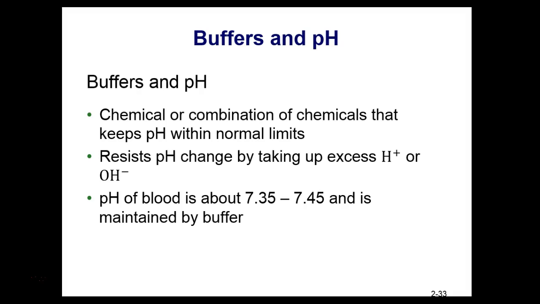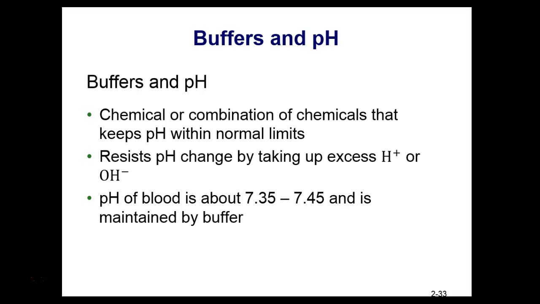Okay. Buffers and pH. Anything that's going to keep the pH from changing or swinging out of control is considered a buffer. I'm going to stop here and give you an example of a buffer. A good example is when you have acid reflux. People typically would take baking soda, or some type of Rolaids, Tums, some over-the-counter drug.